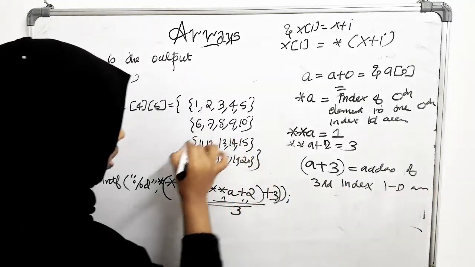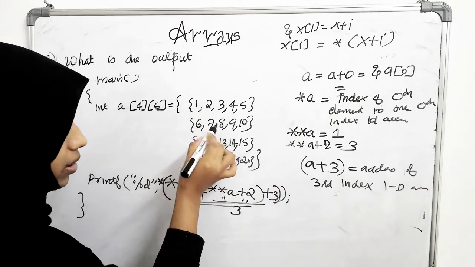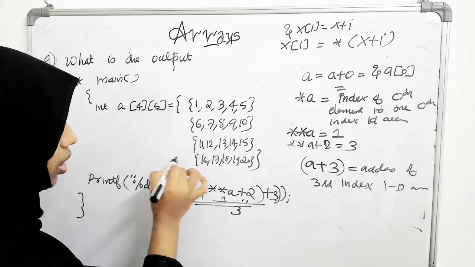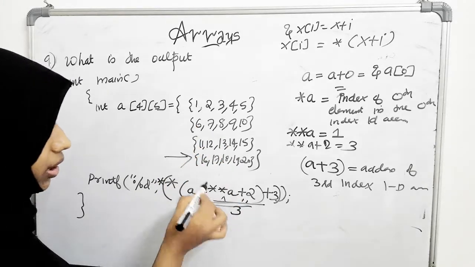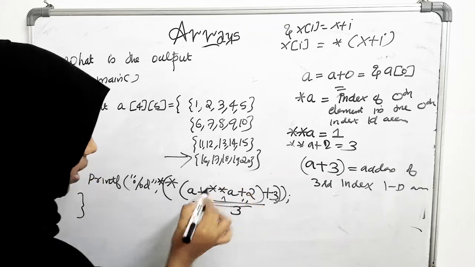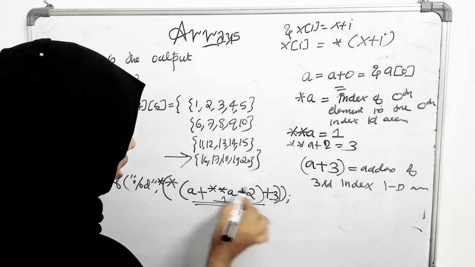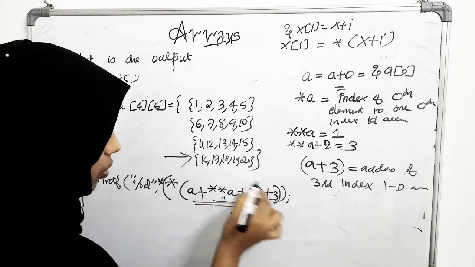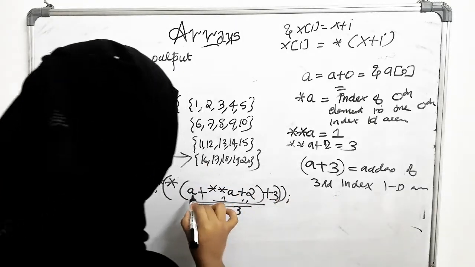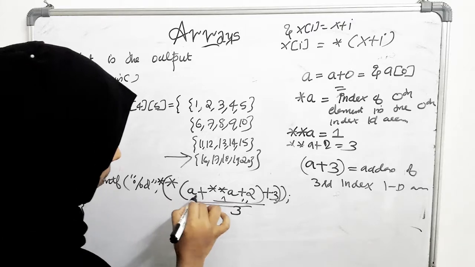Indexing starts from 0, so 0, 1, 2, 3. So this is the address of this array. We are putting a star here, and star means the address of the first element.